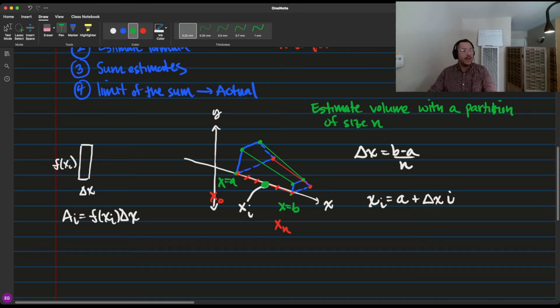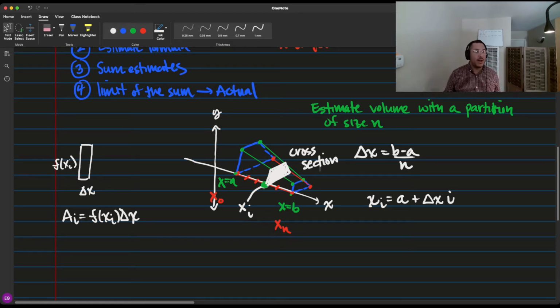I'm going to call that point xi. Now at the point xi, you can draw a cross section, and what's the shape of that cross section going to be? Yeah, exactly. So this is called a cross section. And the interesting thing is that if you wanted to, you could figure out exactly the dimensions of that cross section if you had all the information about this shape.